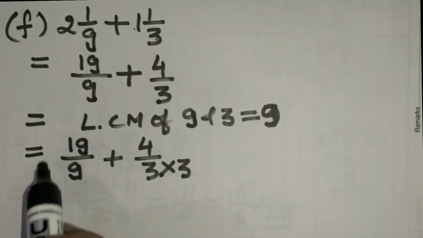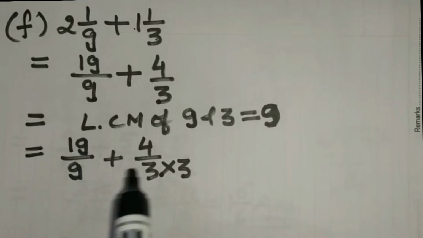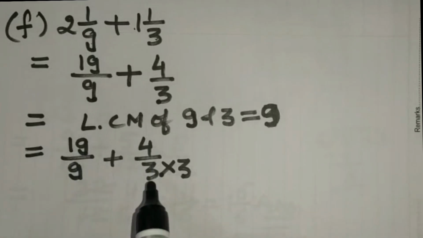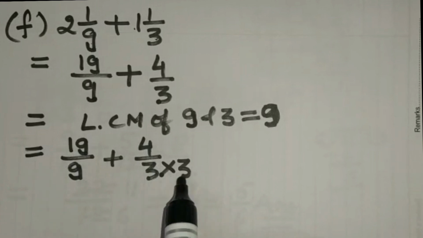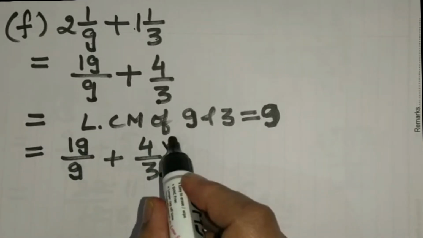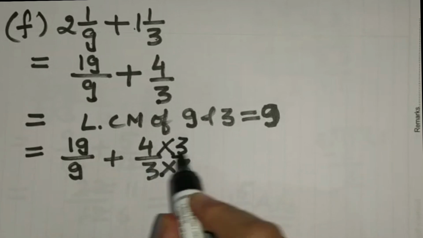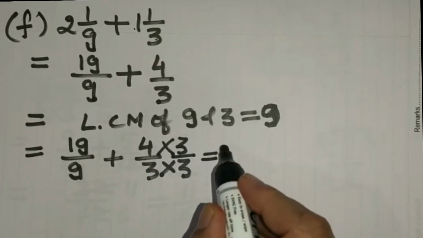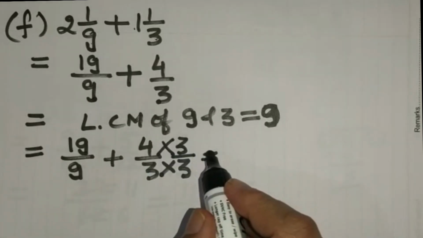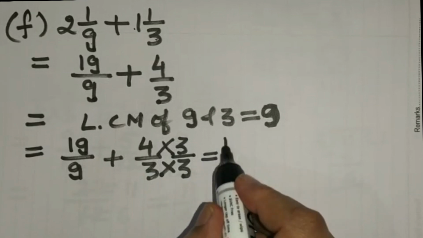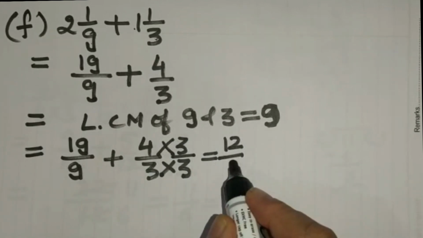So we will let this fraction remain as it is. And the second fraction 4 upon 3. Here the denominator is 3. So 3 multiplied by 3 is 9. So we get 3. So it means we will write here also 3 by 3. So it means 12 upon 9.